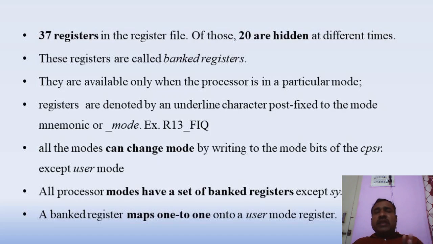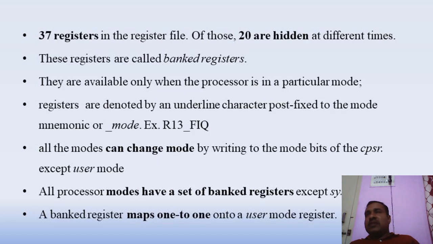All the modes can be changed by writing to the mode bits of the CPSR, except user mode. So we can enter into other modes by writing into the CPSR mode bits, but we cannot come into user mode by writing into the CPSR register. All the processor modes have banked registers except system mode.